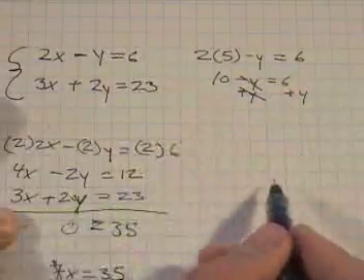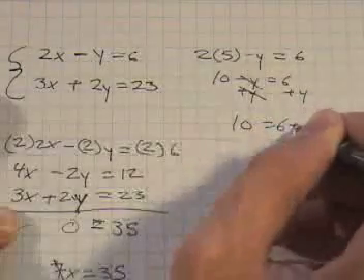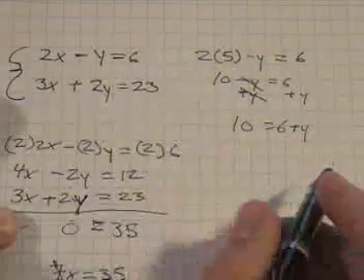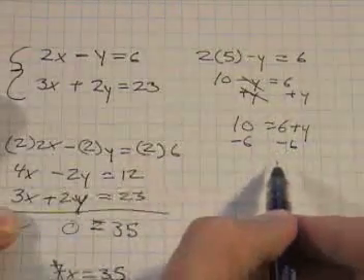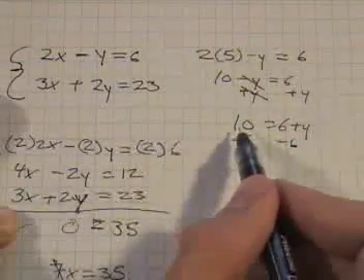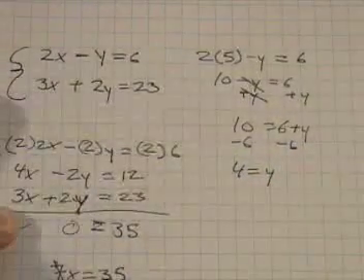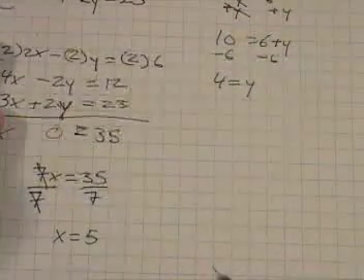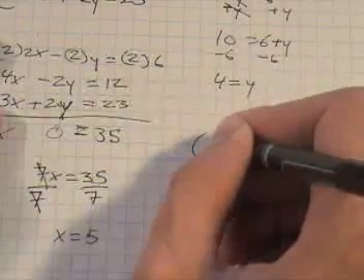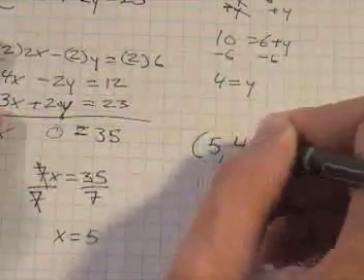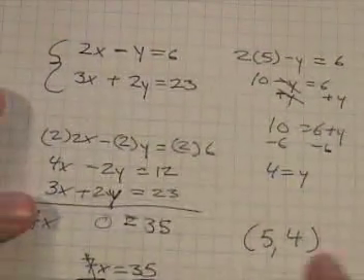These two will cancel out, and we'll be left with 10 equals 6 plus y. Now let's get rid of this 6. These two cancel out, and this just becomes 4. So 4 equals y. So our ordered pair is going to be 5 and 4.